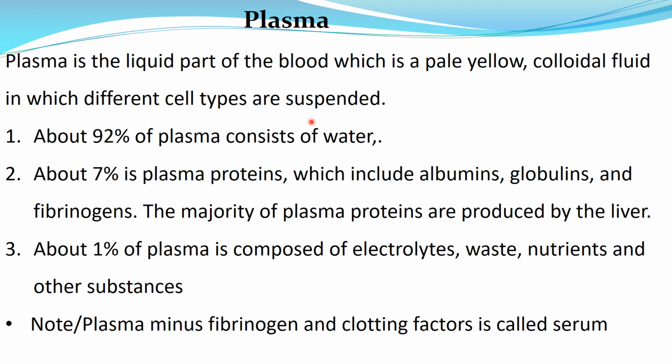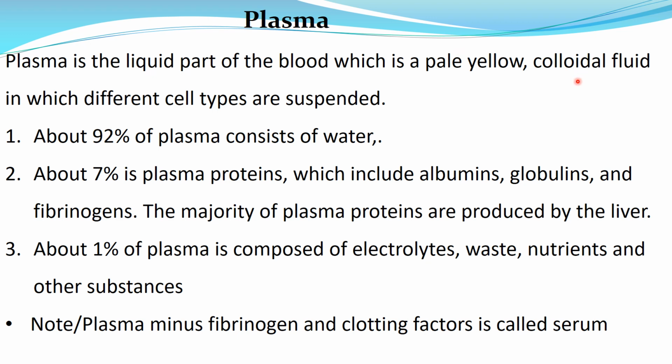So plasma is the liquid part of the blood, which is a pale yellow colloidal fluid in which different cell types are suspended. So normally the plasma has a pale yellow color. So any changes in the plasma color might indicate a specific condition. If we have time, we will explain this in detail.